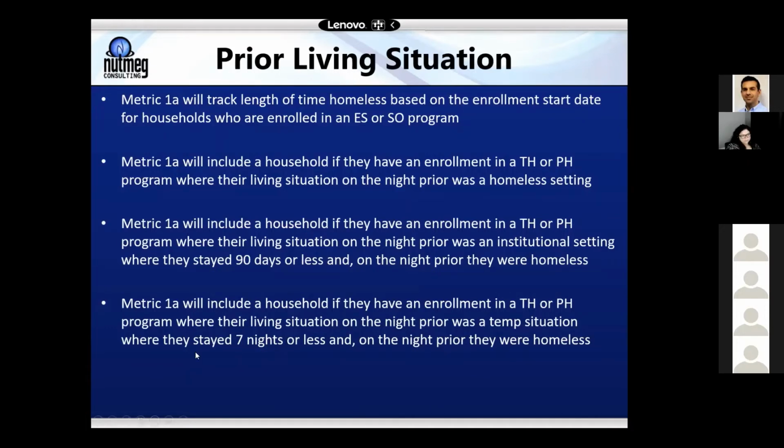And last but not least, 7 nights or less in a housed setting will also trigger them to be pulled into metric 1A. So again, this slide in particular is probably going to be a helpful one for keeping the rules in mind as to the type of response and how that response makes its way rippling through the system based on what the individual says when you're interviewing them.